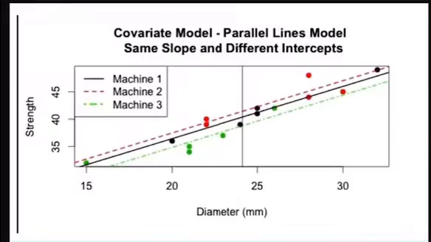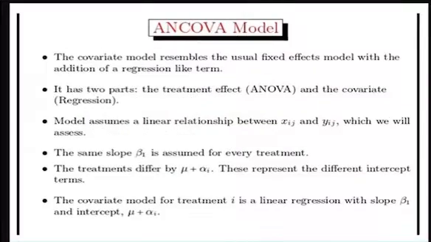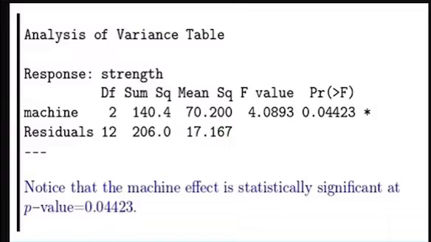That was when you conduct ANOVA on the machine only. I'm going to take you back to the machine only. Do you see that? 17.167. So which means we got a drastic reduction in the residual. And when you have a drastic reduction in the residual, then you have succeeded in improving the quality of a model.